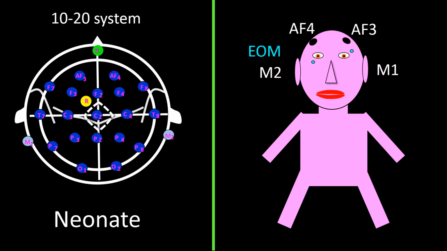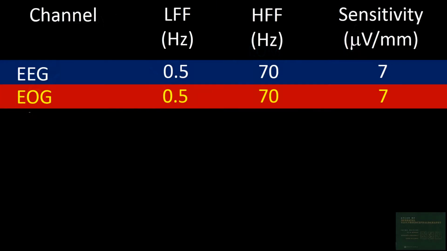Eye movements should be monitored using electrodes placed around the eyes. The setting for electrooculography electrodes should be at low frequency filter of 0.5 Hz, high frequency filter of 70 Hz, and sensitivity of 7 microvolts per millimeter.